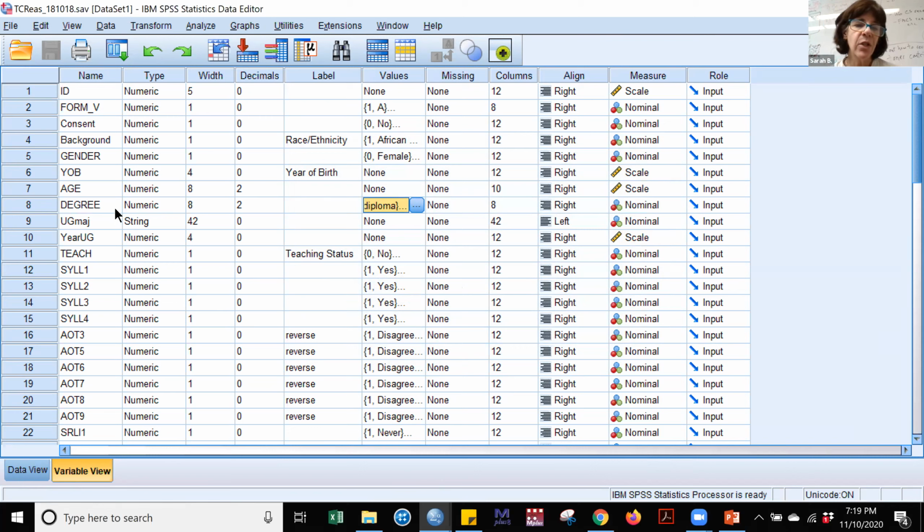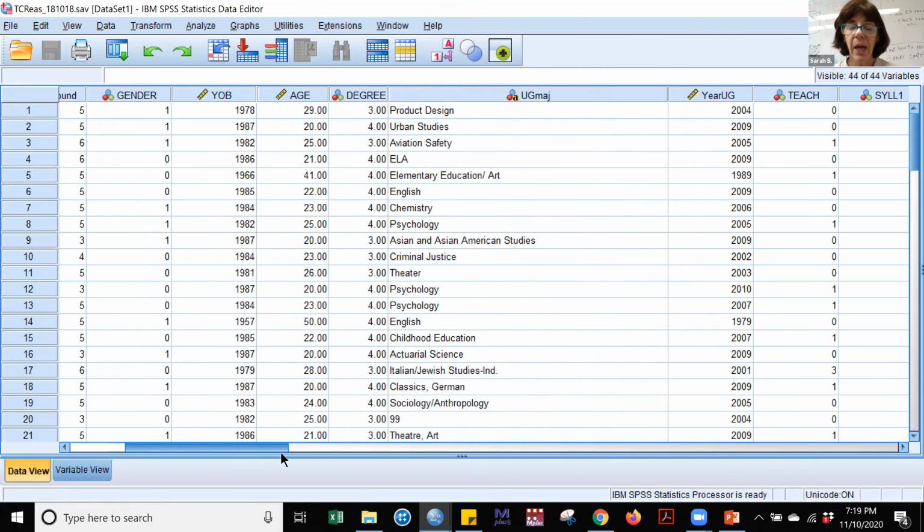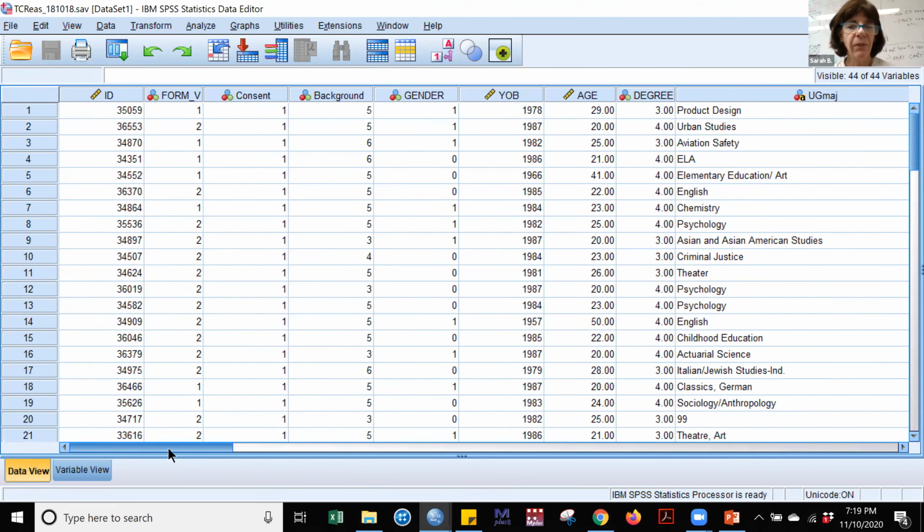Now that is called a string variable, which means if you look in the data view, that these are open-ended answers. And that's kind of a pain to analyze, and that would come into more advanced work in SPSS and is not covered in this course. But if you did an independent study or something, I don't even think it comes in.